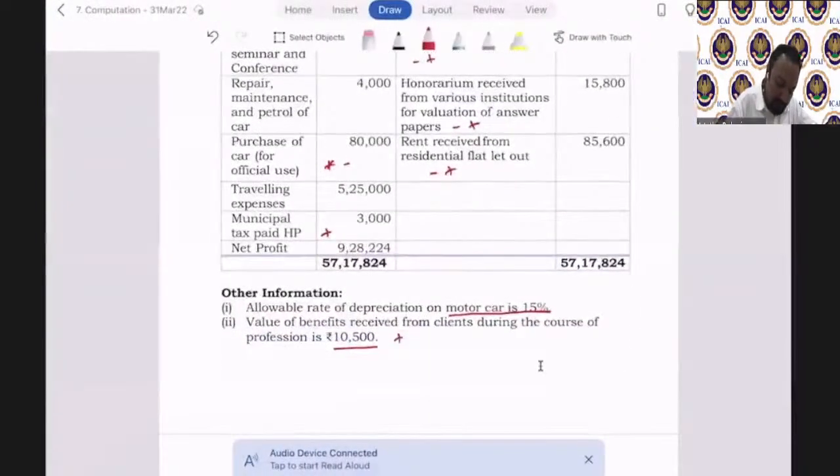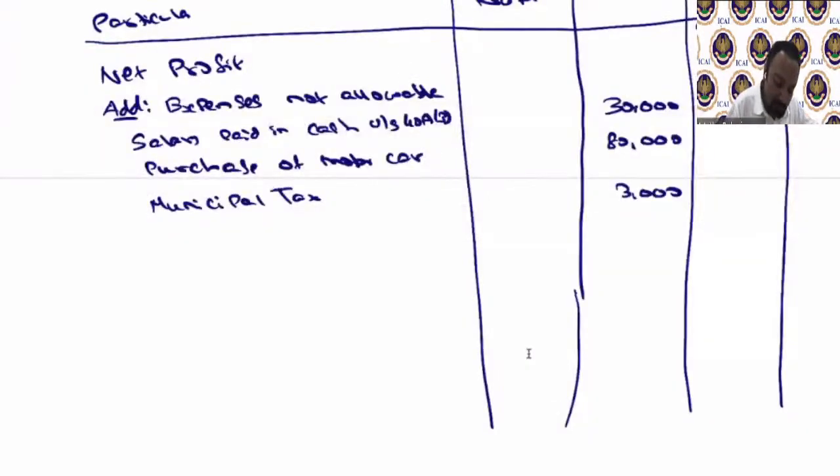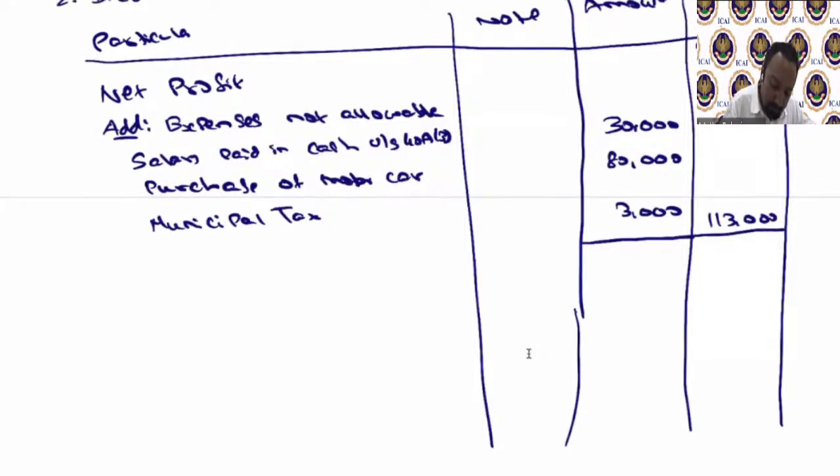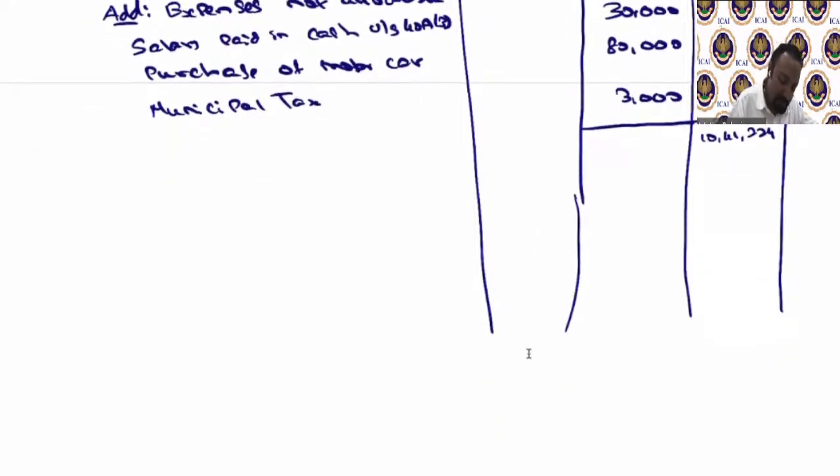So go there. You have included it, so now this is also considered. So this is your total. That is 1,13,000. So your total will be 10,41,224, right? The next is step 2.